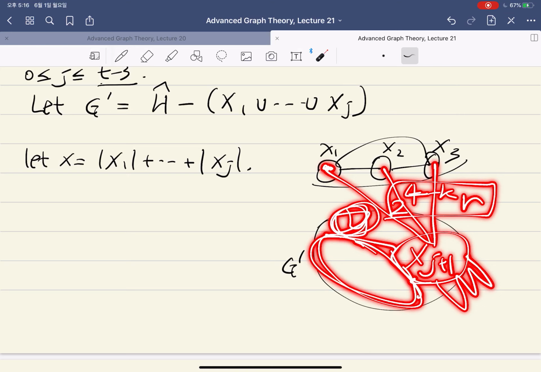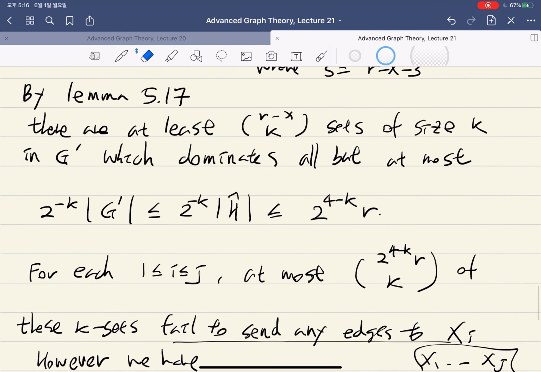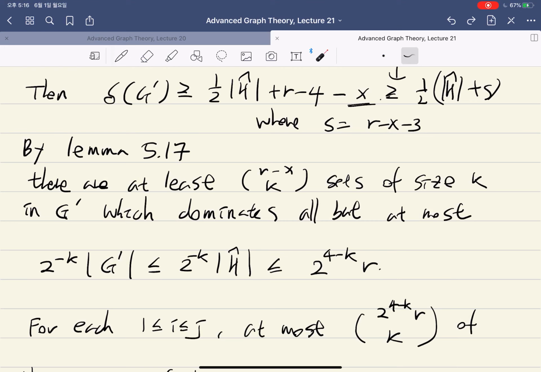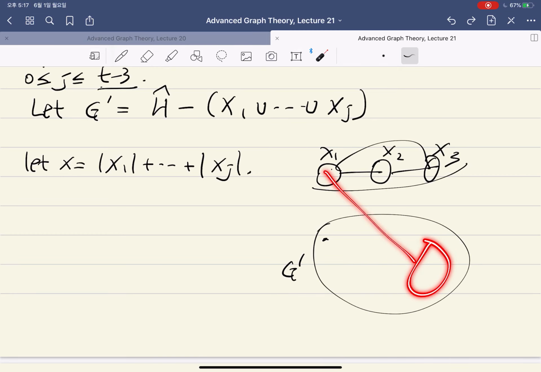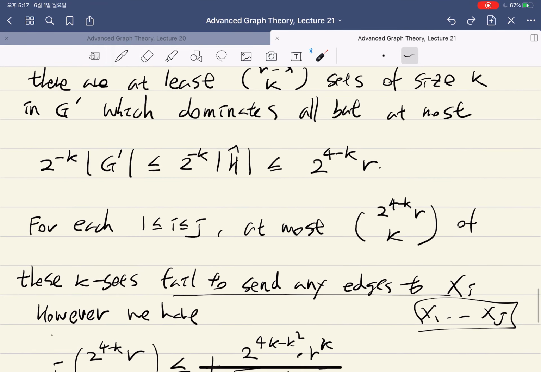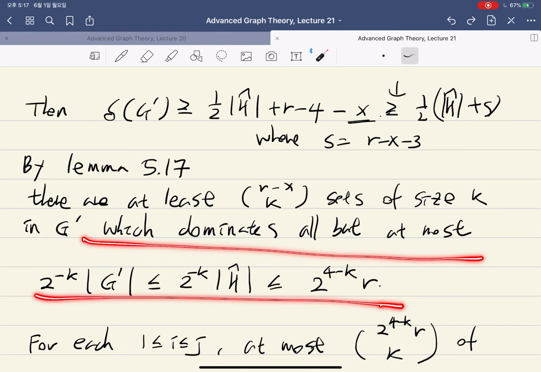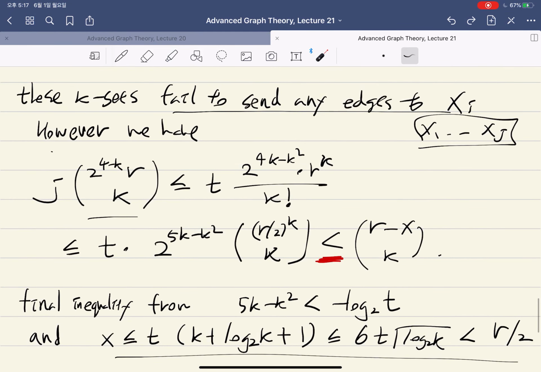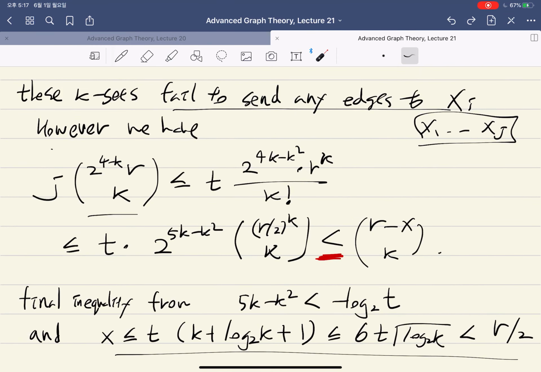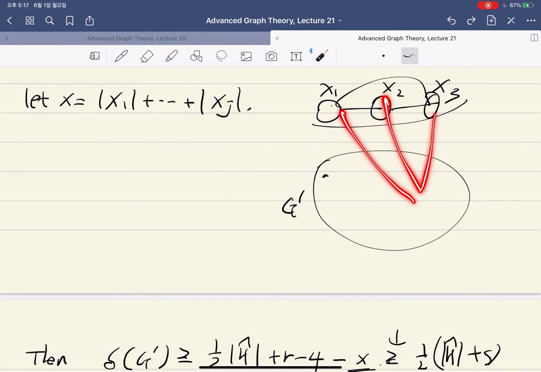So the ones that satisfy the first condition are at least this many sets. But the ones that don't satisfy the second condition, having edges to here, are strictly fewer than this. So that means there is at least one set which dominates all but at most this many vertices, and it does not fail to satisfy this, meaning that it has edges to all of them.